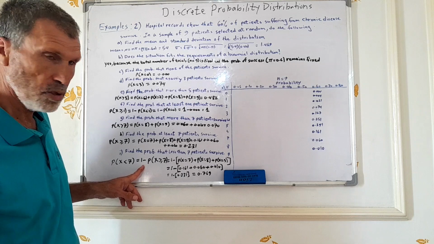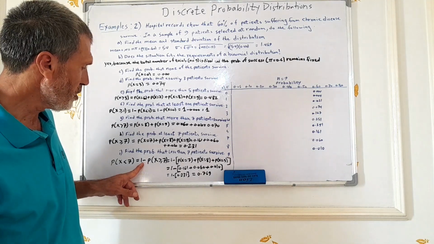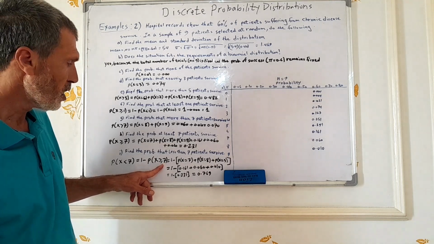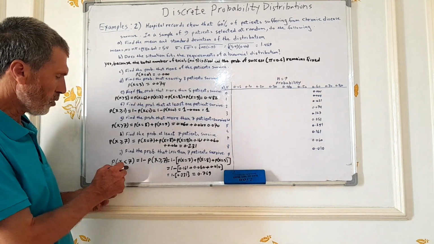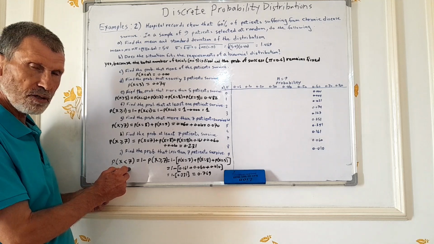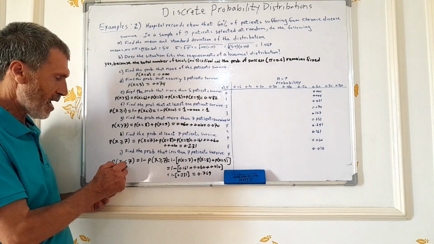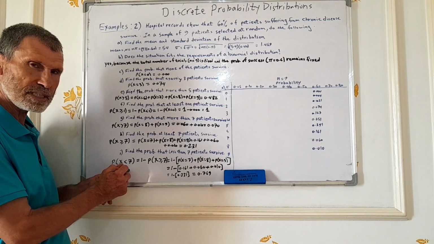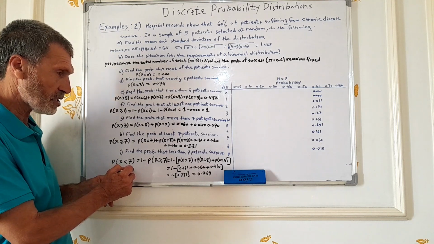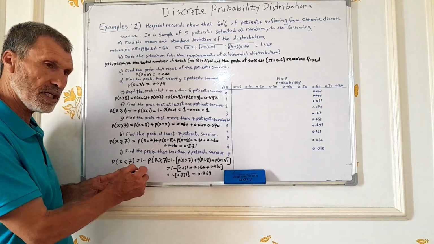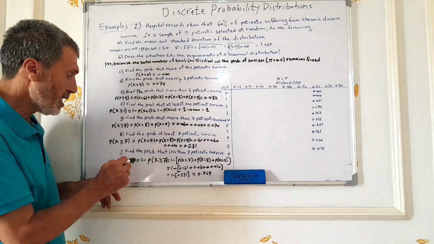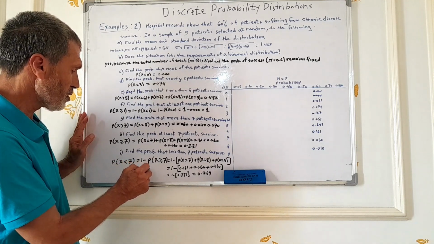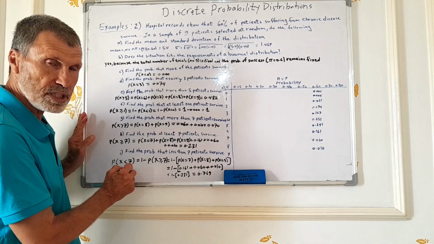Probability of X less than 7 would start from probability of X equal 6 plus 5, 4, 3, 2, 1, and 0. Here we want the complement, so we say 1 minus probability of X greater than or equal to 7.